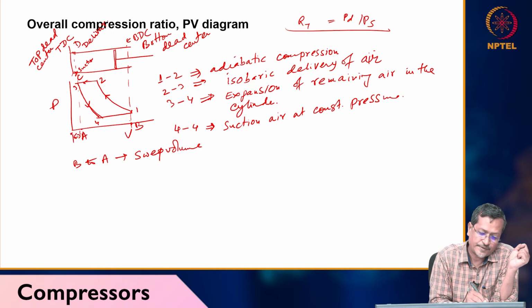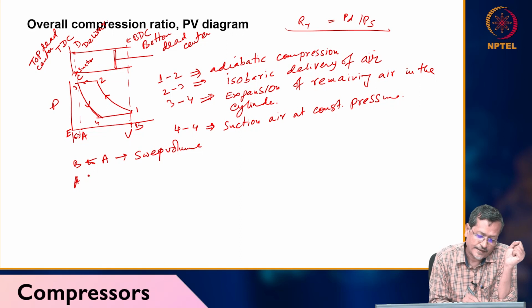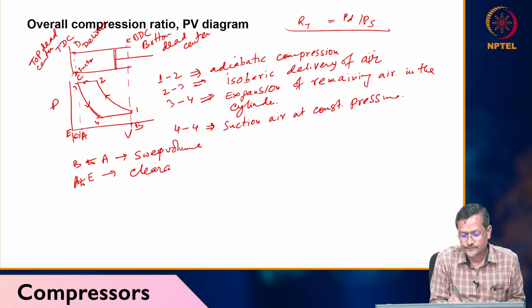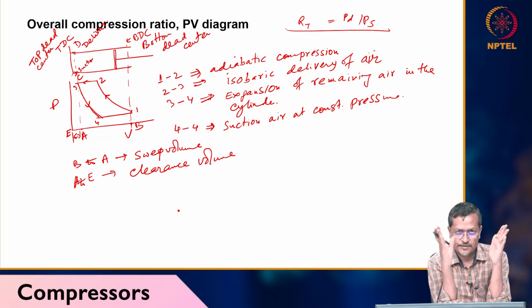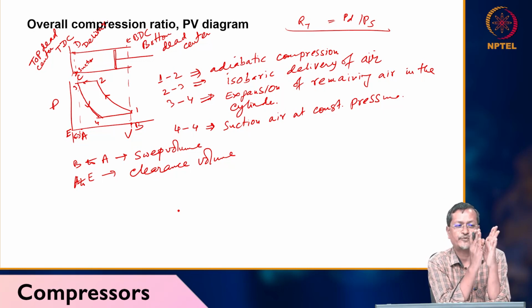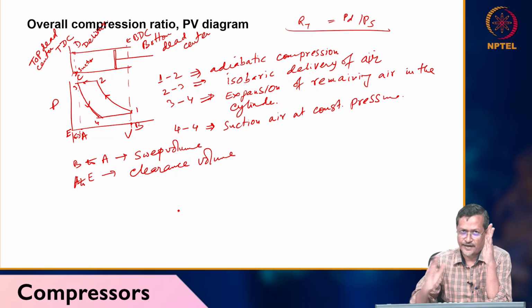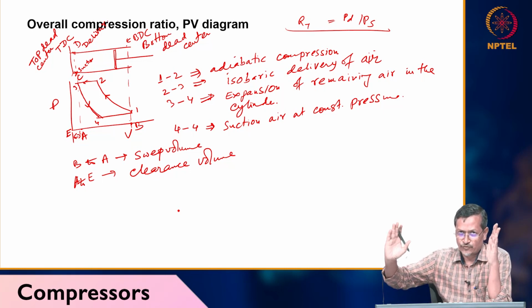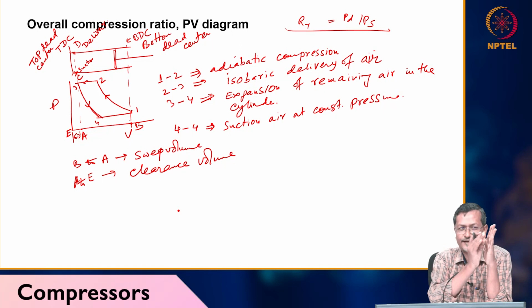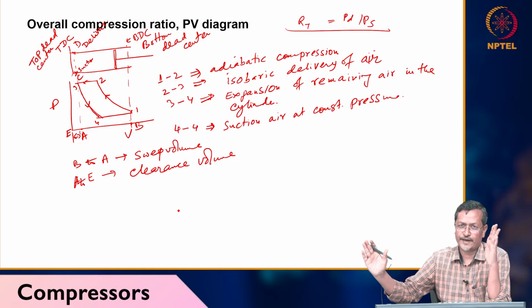Let's say A, B, C, I will put some name, let's say E. A, E is called clearance volume. The piston will not be traveling into the clearance volume, so that gap will be maintained all the time. So some compressed gas will be there, and again expansion will be happening. Once expansion is done, then air intake will happen, again you compress, deliver, and again that very highly compressed gas will be expanded a little bit, then air intake will be happening, then delivering.